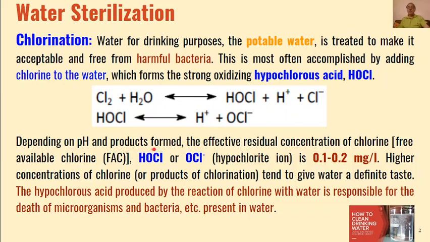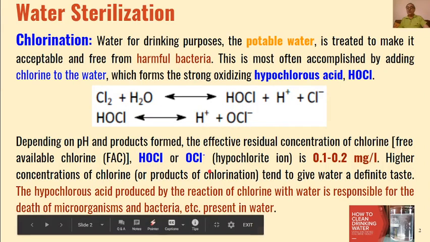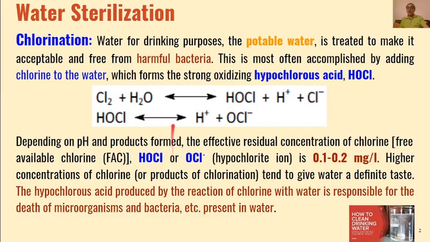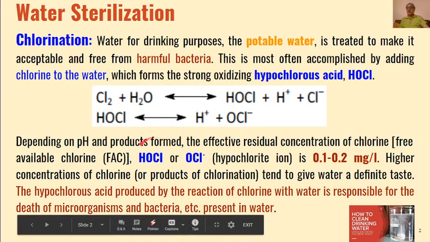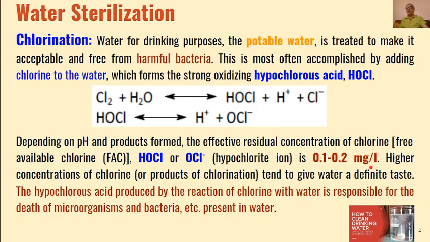Depending upon the pH and products formed, the effective residual concentration of free chlorine which should be present in our potable water, the maximum limit for HOCl or OCl-, the hypochlorite ion, whatever the pH may be, can be 0.1 to 0.2 milligrams per liter.